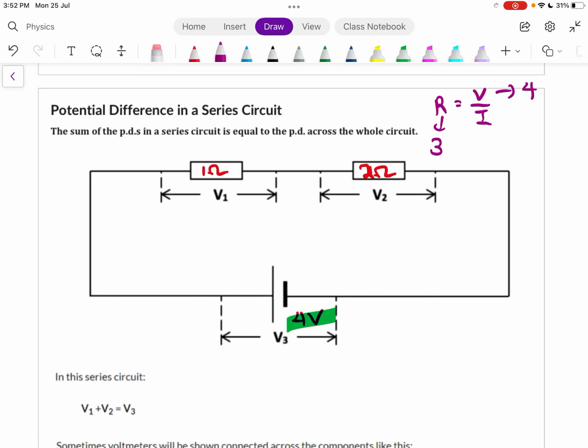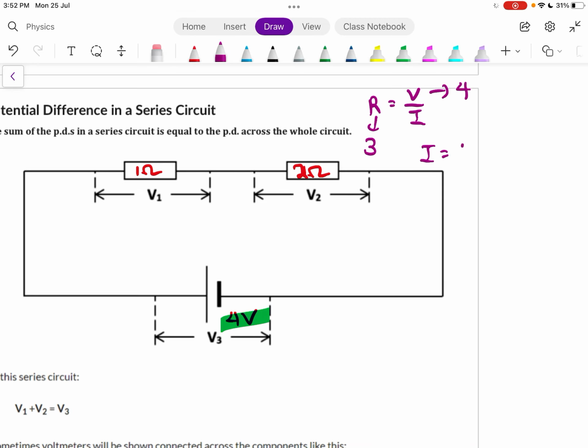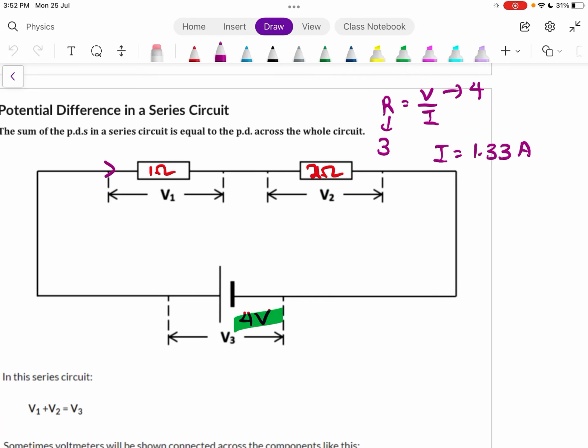So when you use 4 divided by 3, your current that is flowing through is about 1.33 ampere. Okay, so try not to put 4 ampere, because in physics, put in terms of decimal, 3 SF, right? Okay, so we know that the total current now is 1.33 ampere.